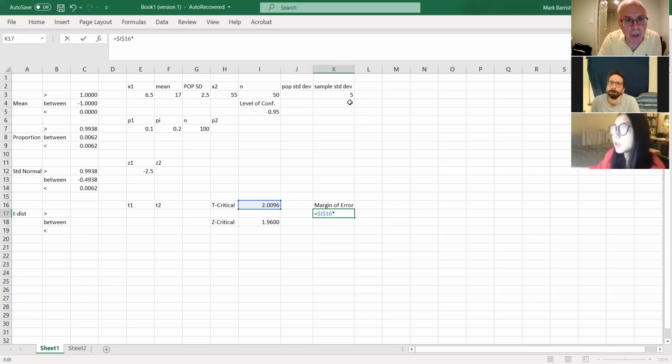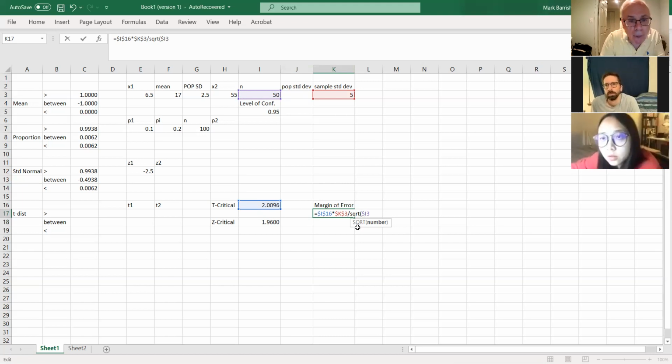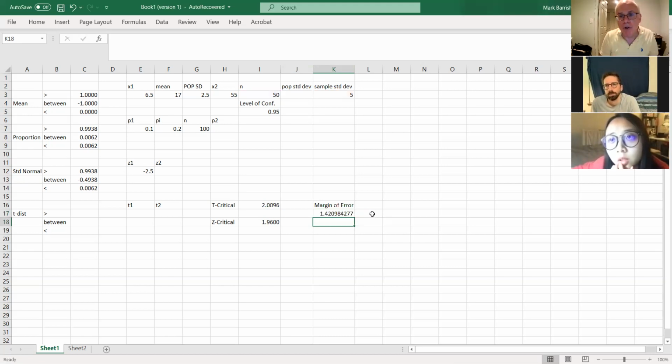It's the sample standard deviation divided by the square root of the sample size, this one right here, I3. There's our margin of error.